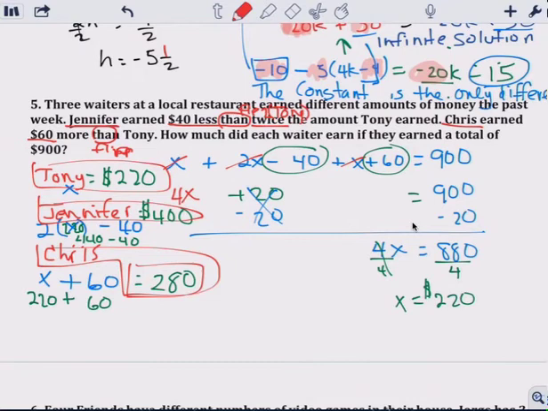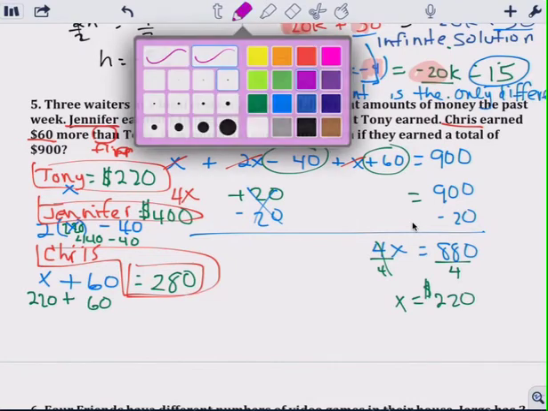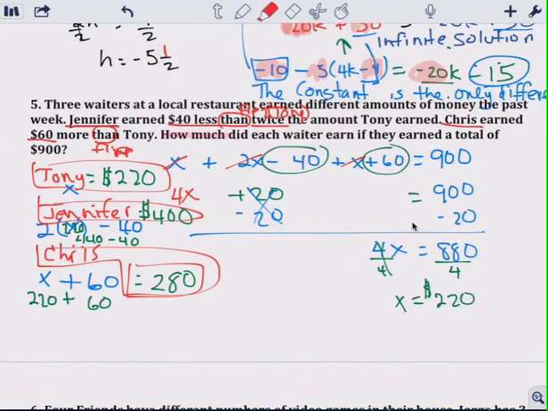You need to put this in a complete sentence, and I should have stressed this today in class. How much did each waiter earn if they earn a total of 900?